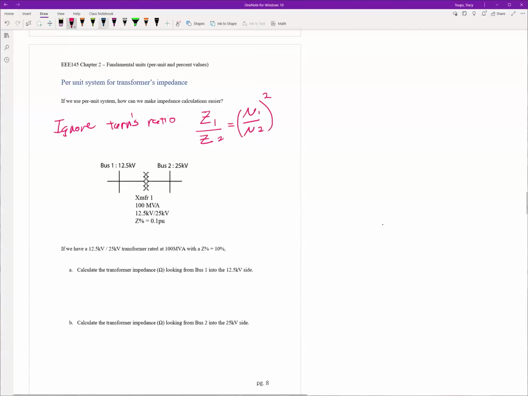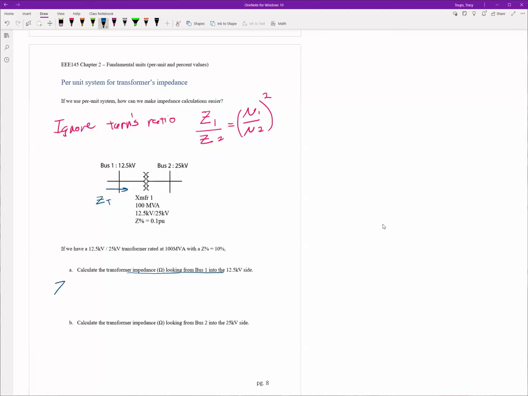So let's calculate the transformer impedance looking from bus 1 into the 12 kV side. So we're looking into the transformer. What is my Z of the transformer? Now note, this is different from the impedance looking from the other side. So let's calculate this side first.